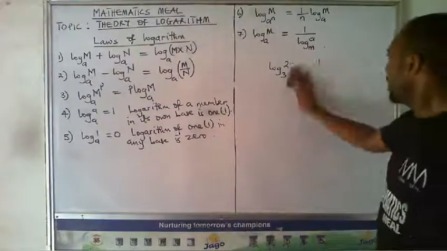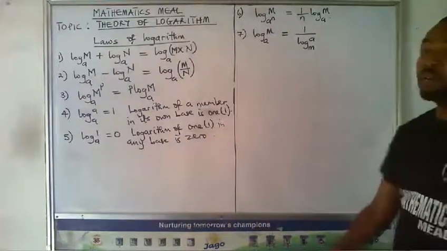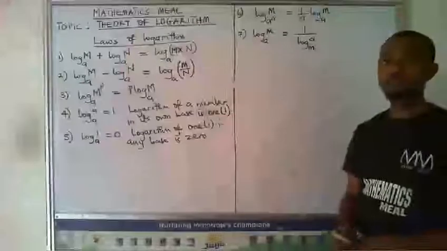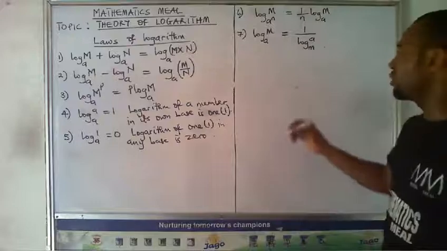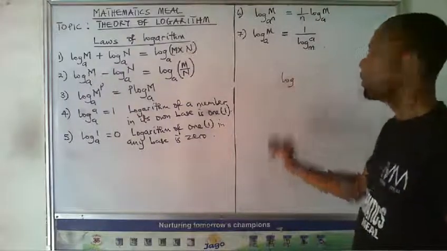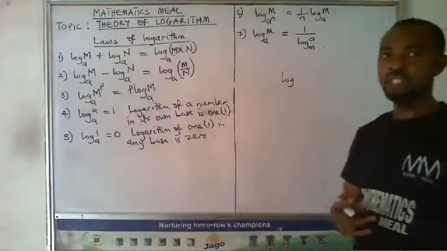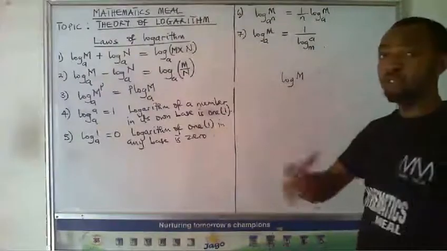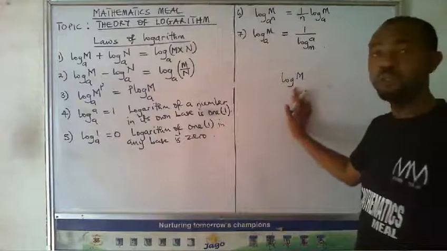I know that you are enjoying this meal, and so far you have been able to take note of the laws of logarithm. Remember, whenever you are given a logarithm, it's very important that you know which one is the base and which one is the number. When we want to read a logarithm, we read the number first before the base.